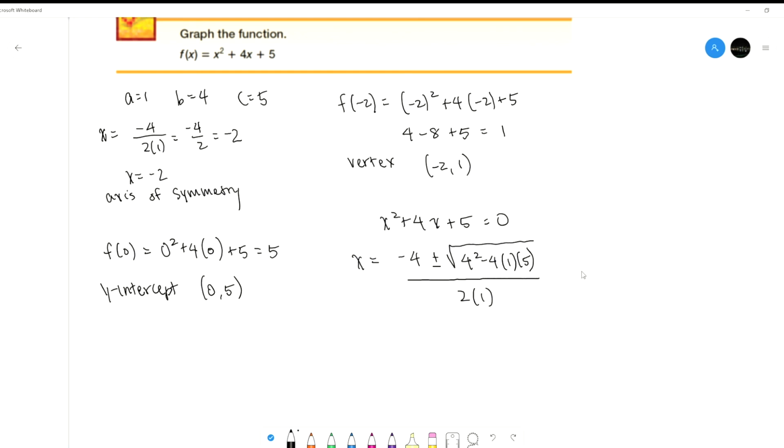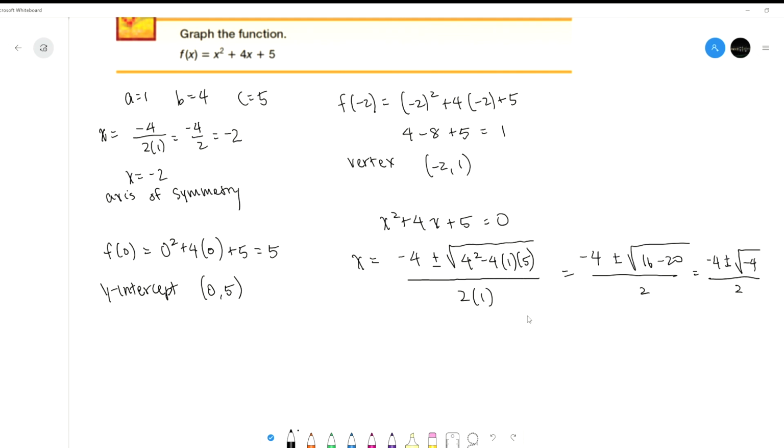Alright, so let me see something real quick here. This is 16 minus 20. Negative 4 plus or minus the square root of 16 minus 20 over 2. So this comes out to negative 4 plus or minus the square root of negative 4 over 2.